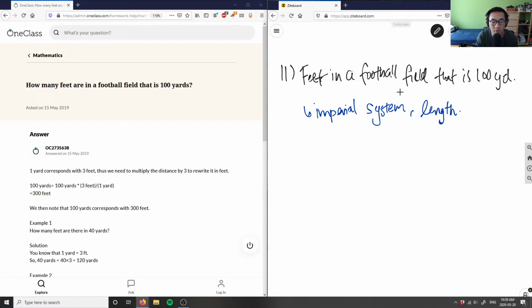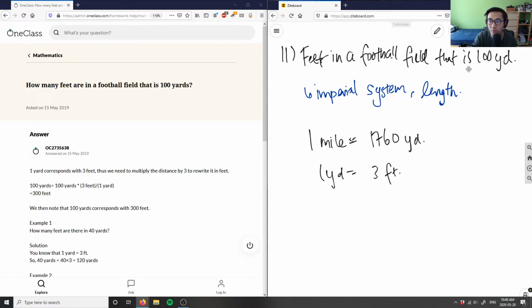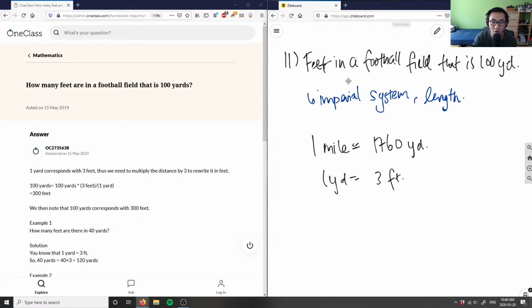So what are the conversion factors? Well, I know that 1 mile equals 1760 yards. Now 1 yard here equals 3 feet. And we can actually stop there, right? Because we're looking at yards to feet here. So we just have to convert from yards to feet.